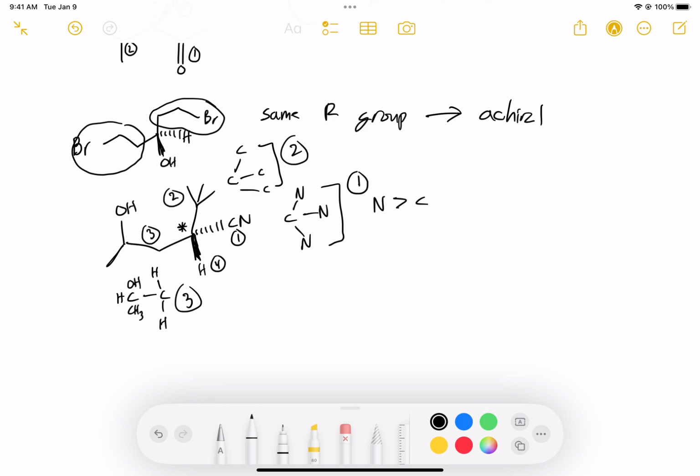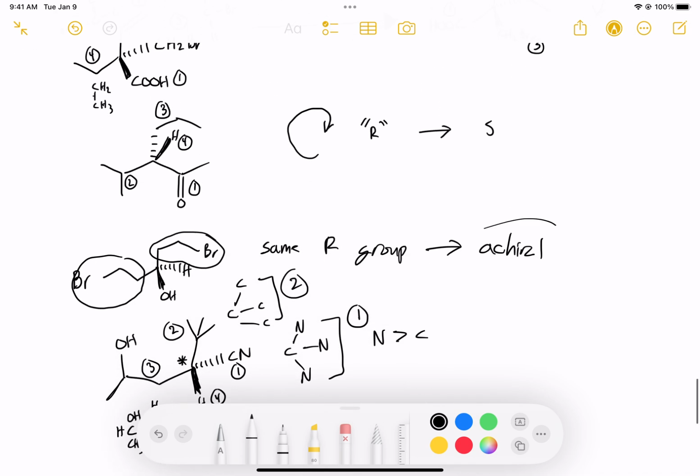If we use our rule here, it looks like it's S, going counterclockwise, but the hydrogen is not in the right configuration, so we must do the opposite, so it's R. And if we use the right-hand rule, when we assign priorities, it looks like it's going in a clockwise direction, with my right hand, so that's R. So this last one is R.